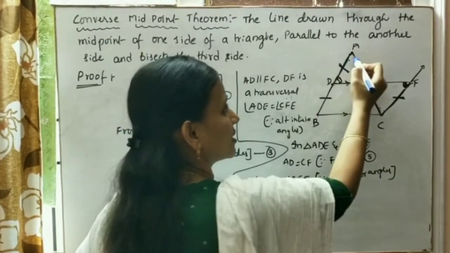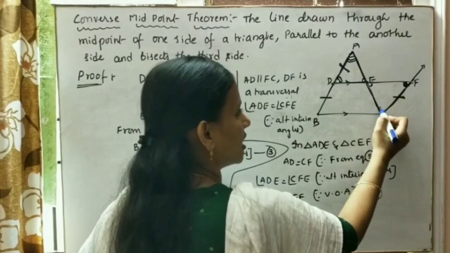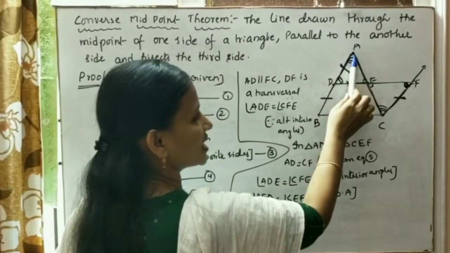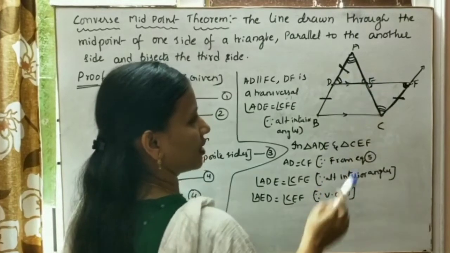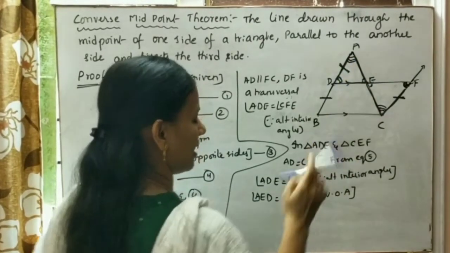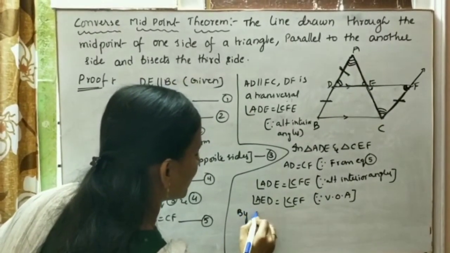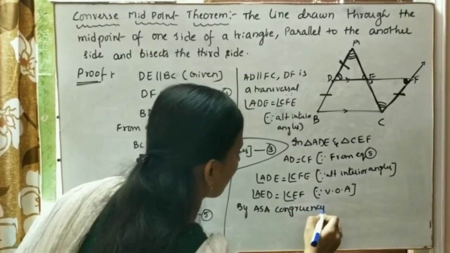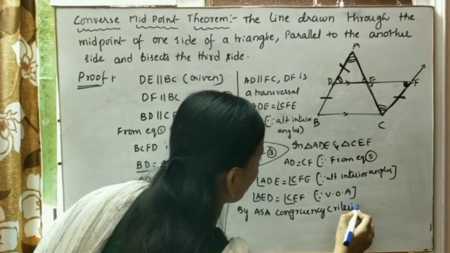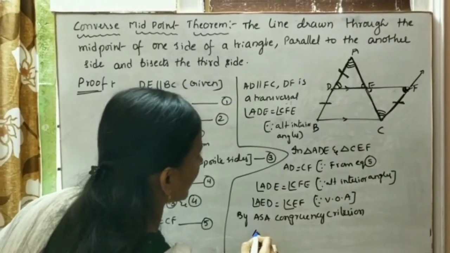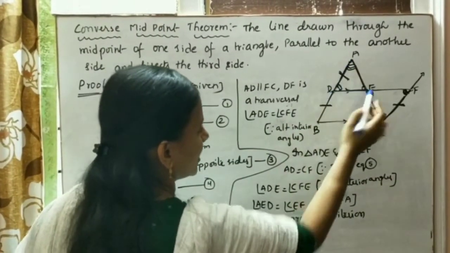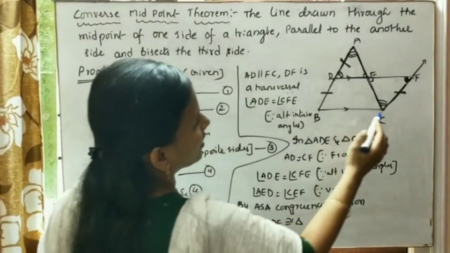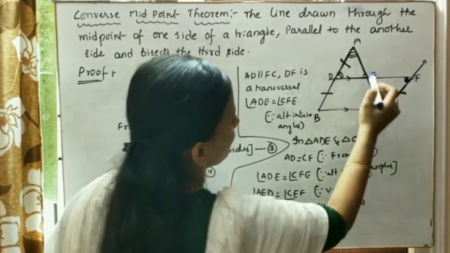So by the ASA congruency criterion, triangle ADE is congruent to triangle CFE.